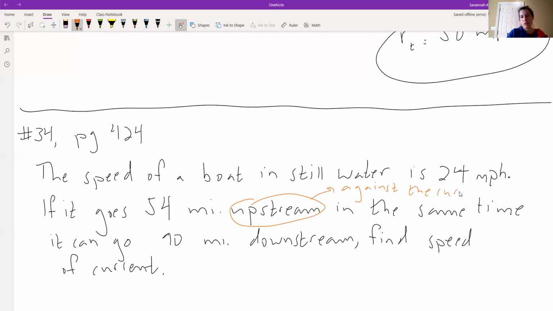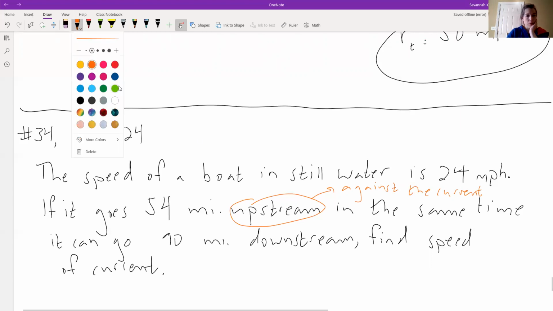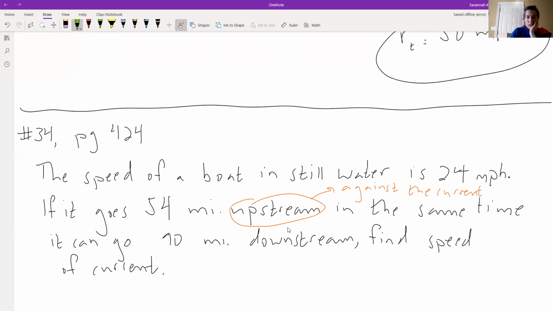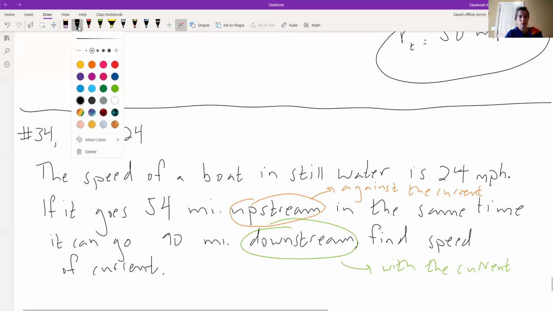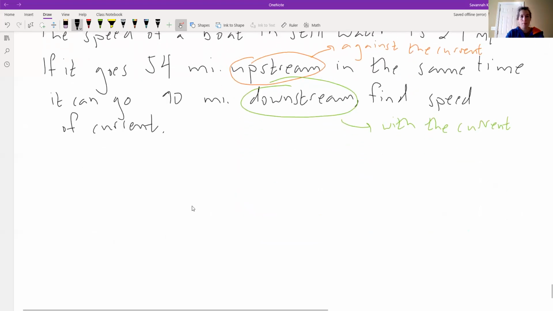In the first sentence, the boat was in still water. There was no current. For the rest of the problem, the current is going to be a factor. So notice that downstream, it can make it a lot farther. Upstream, it's fighting the current. Okay, so is the current helping or hindering this boat?